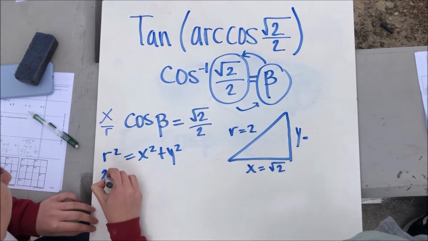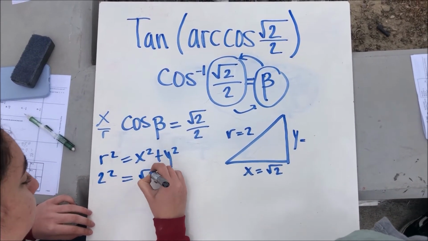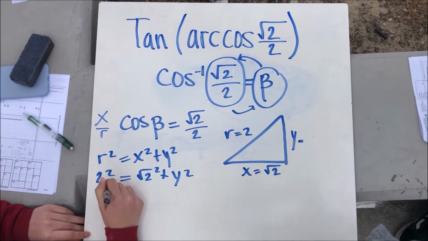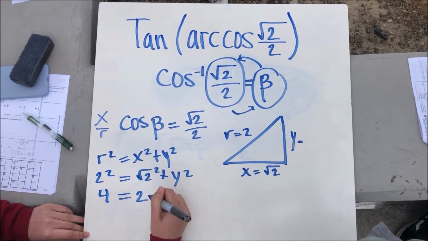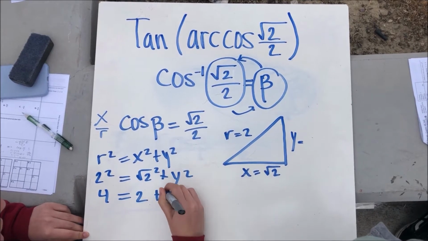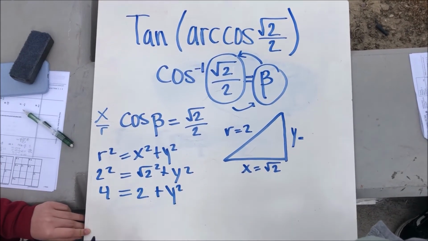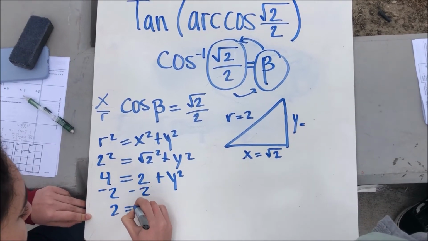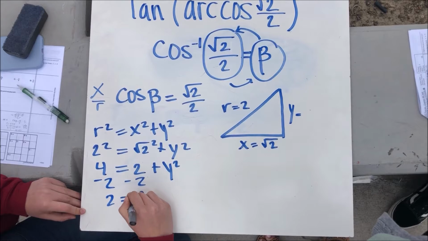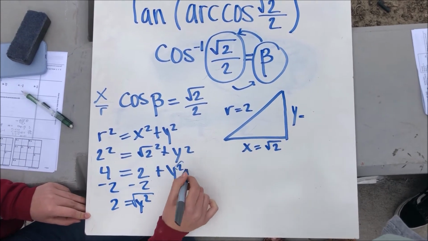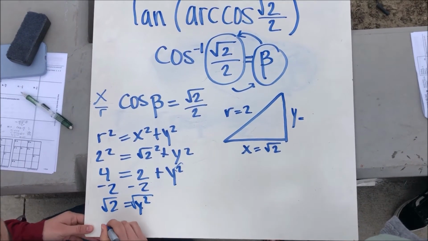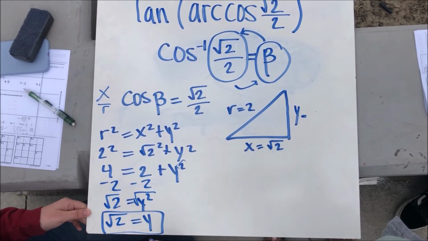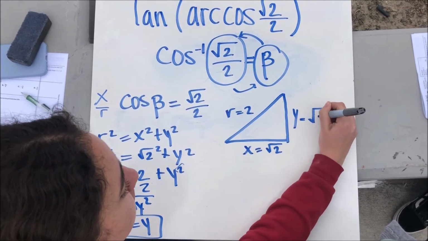You just plug it in, and this gives us 4 equals 2 plus y squared. You subtract 2 from both sides and you get 2 equals y squared. You take the square root to get rid of the square, and you get radical 2 equals y. You just plug it in right here.